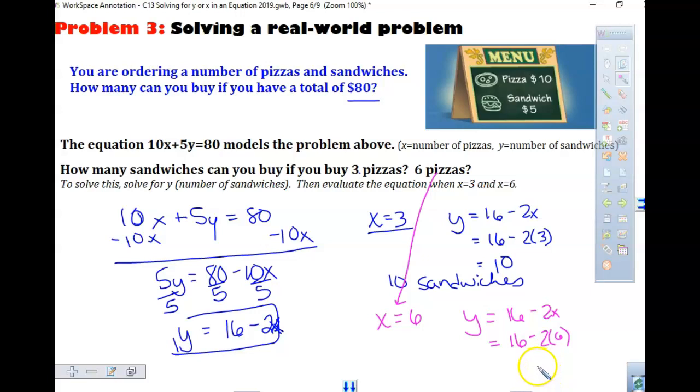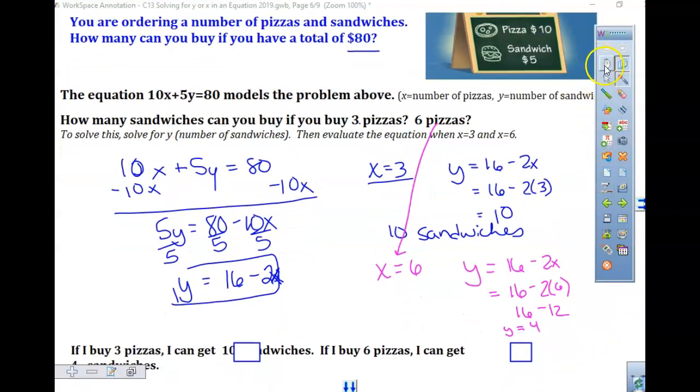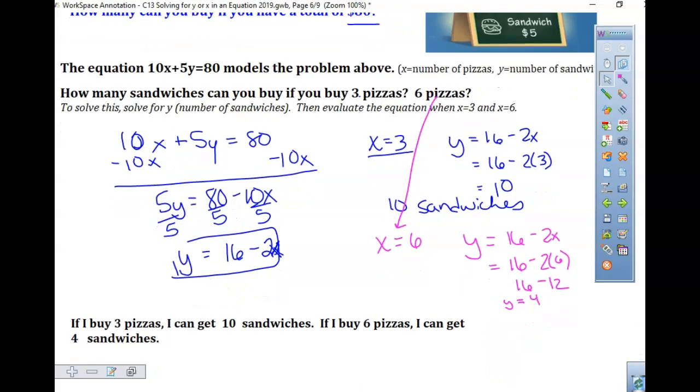So if we have x being 6, we are going to take 16 minus 12, which means y can equal 4. So when we go to answer the questions, I can buy 3 pizzas and 10 sandwiches. Or, if I buy 6 pizzas, I can then get 4 sandwiches.